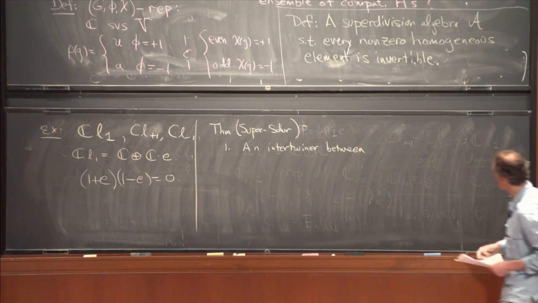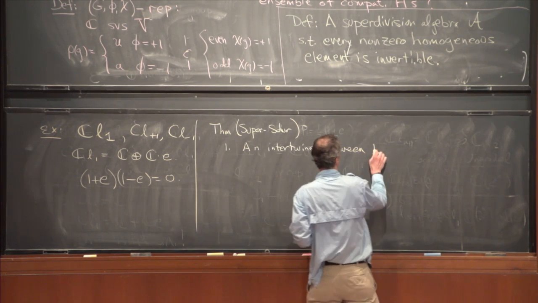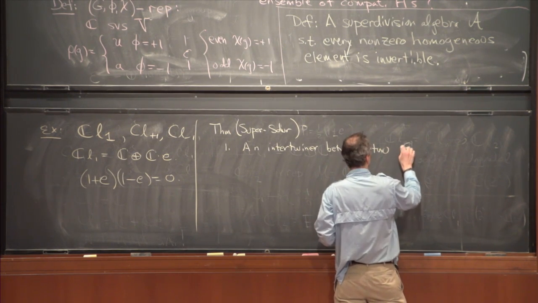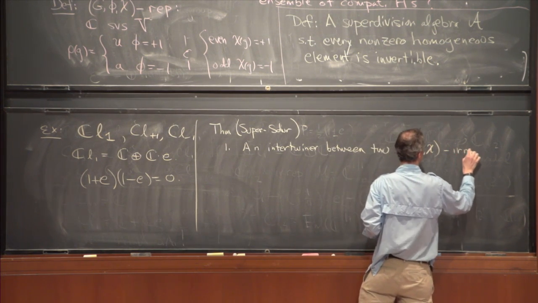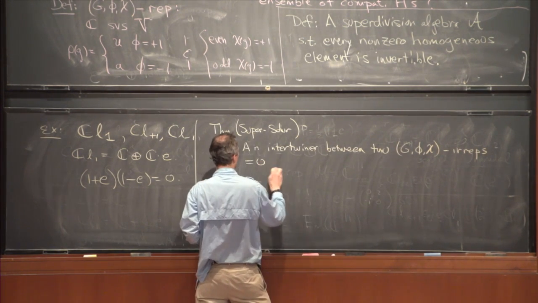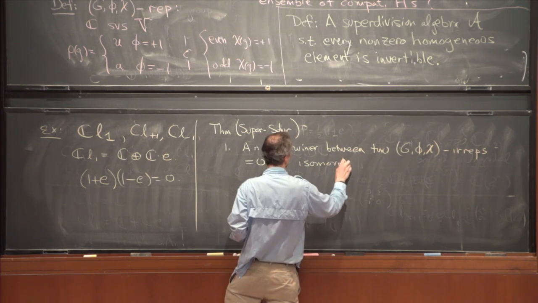So we have super Schur's lemma. So an intertwiner between two G phi chi irreps is either equal to 0 or an isomorphism, by which I mean possibly a graded isomorphism.